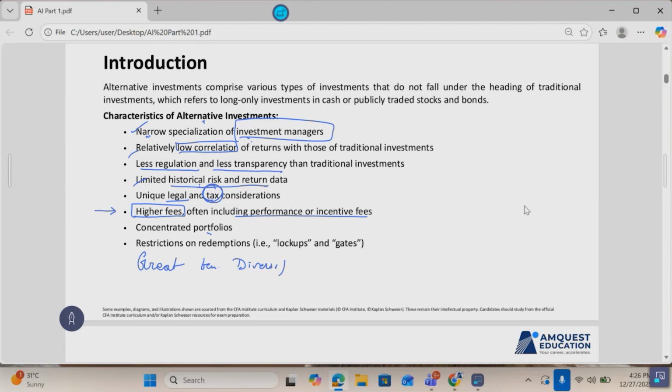Normally there are certain restrictions because these are alternative investments. They are less liquid. So you can't just buy today and sell next week. You have to stay invested in order to really make money. Like, you can't just go and buy gold and then sell it, because the amount of money you spend in buying and selling will offset the profit.